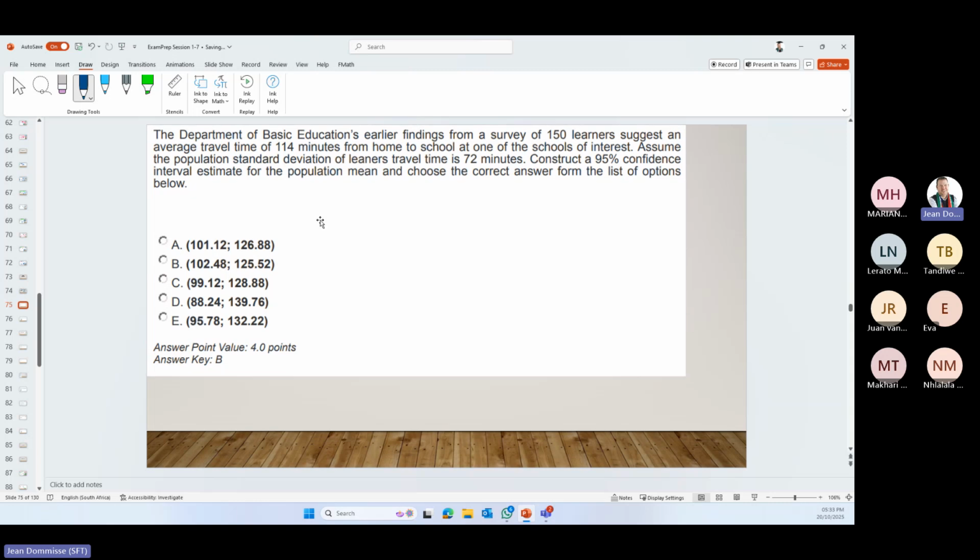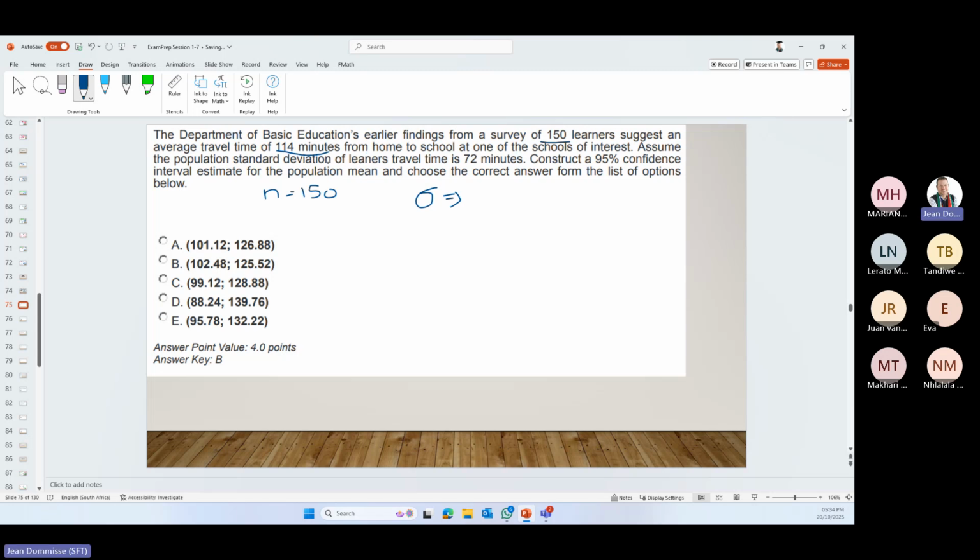Okay, so we look at the information from a survey of 150 learners. So we've got n is 150, but the first thing I really want to know is the standard deviation, is it known or unknown? Learners suggest an average travel time of 114 minutes.